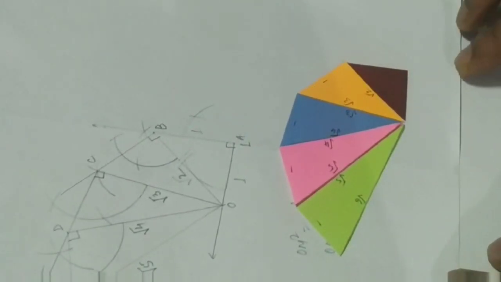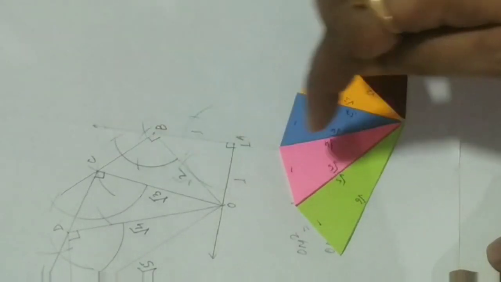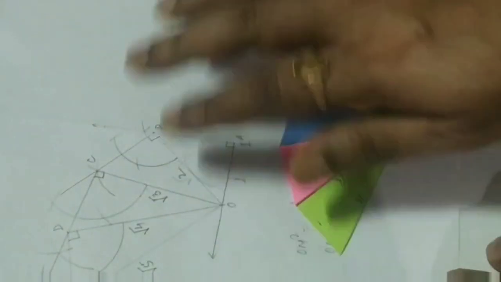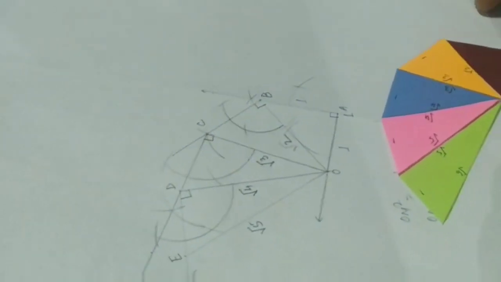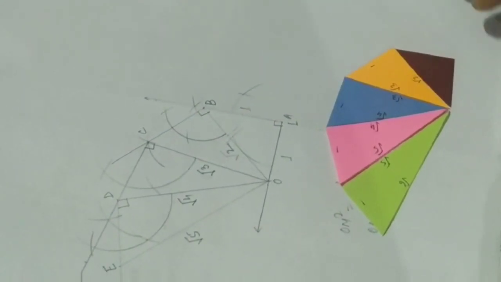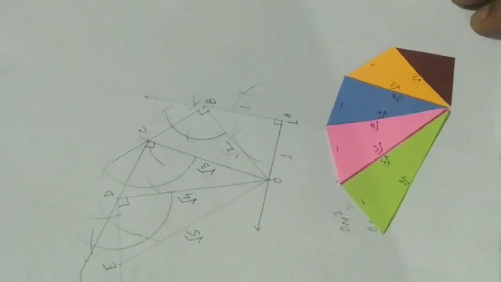So this is called a square root spiral. One by one we will paste them, 1, 2, 3, 4, and this one here. So this will complete and become a square root spiral. So students, you can do this at your home, and it is creative as well as a learning activity.